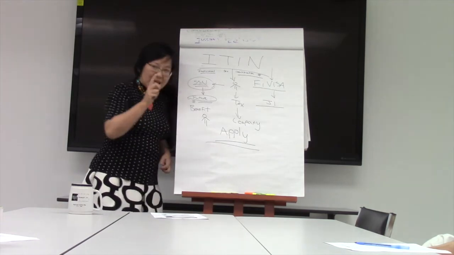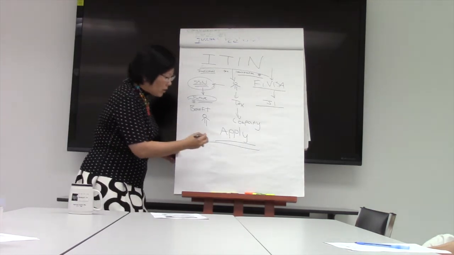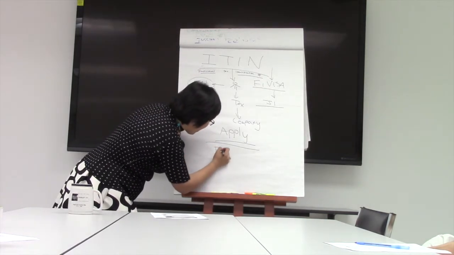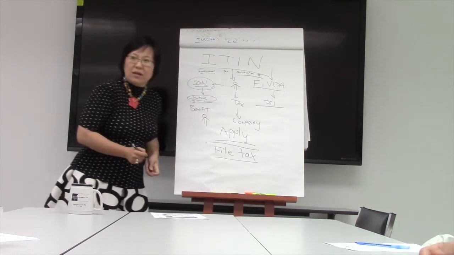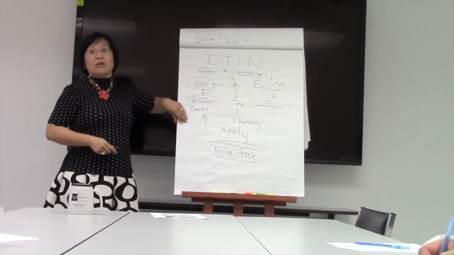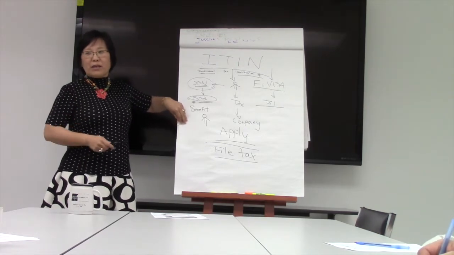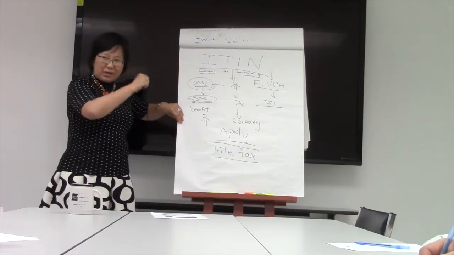The only time anyone can apply for an ITIN is when you say, I need to file taxes. If you say, I made $100, I should pay $1 in taxes, even if it is for $1, you can apply.